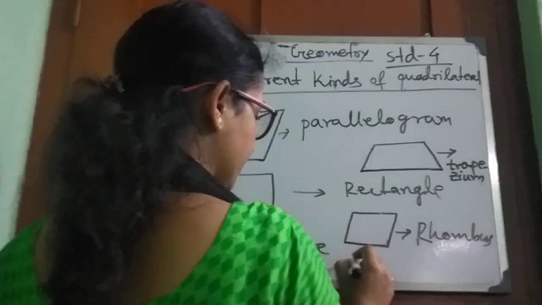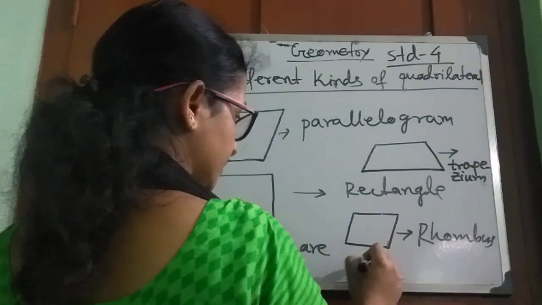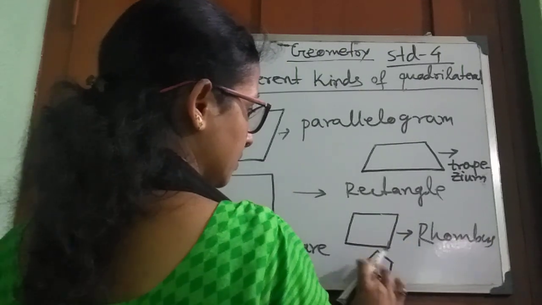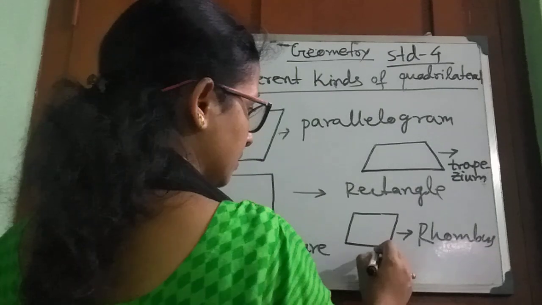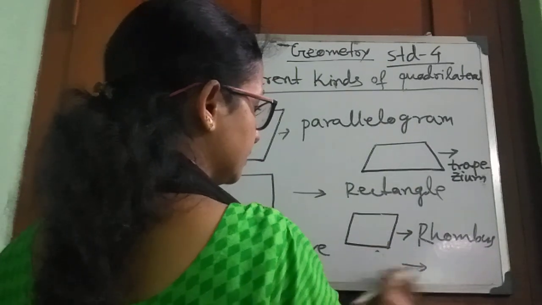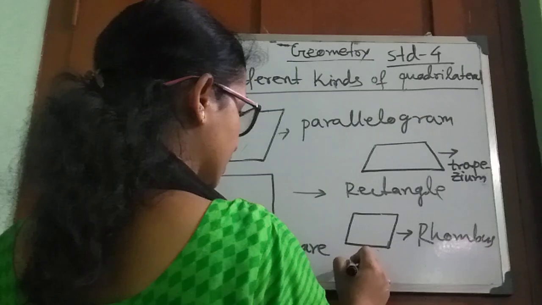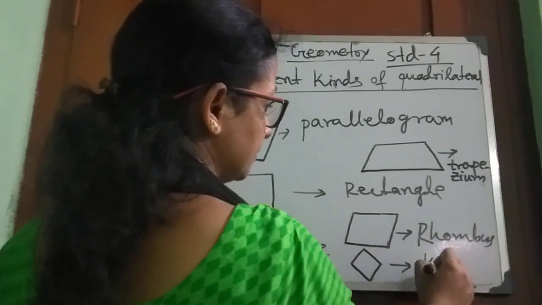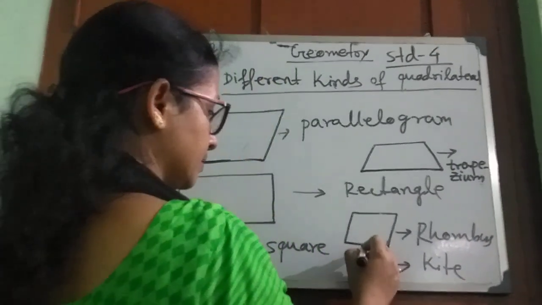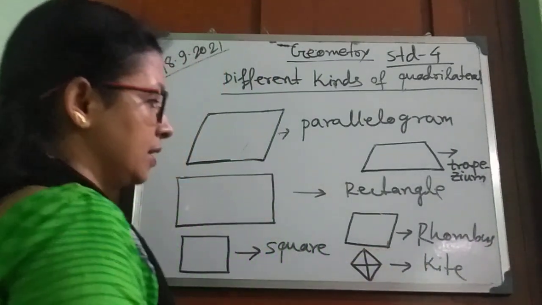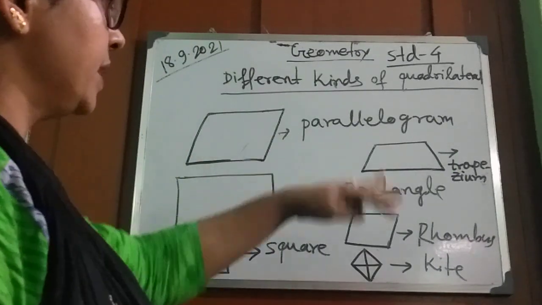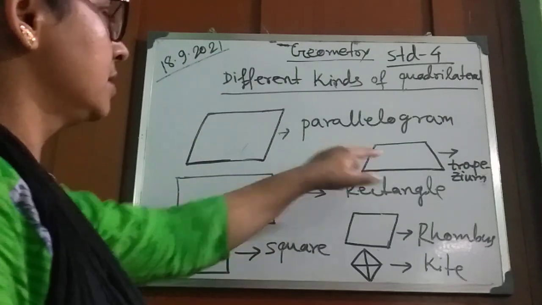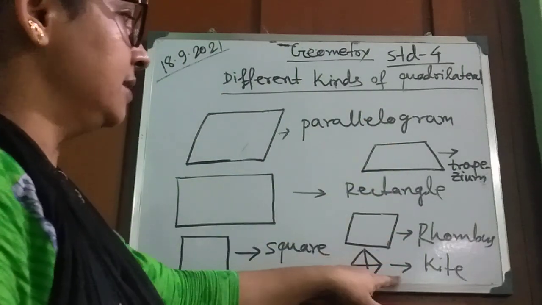And another is a kite. So different kinds of quadrilateral: parallelogram, rectangle, square, trapezium, rhombus and kite.